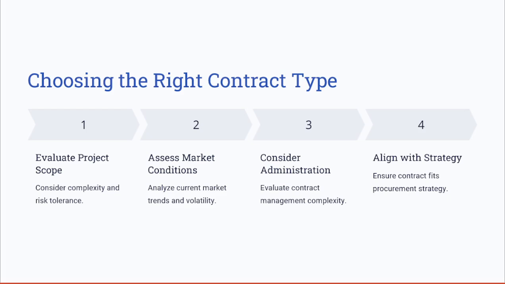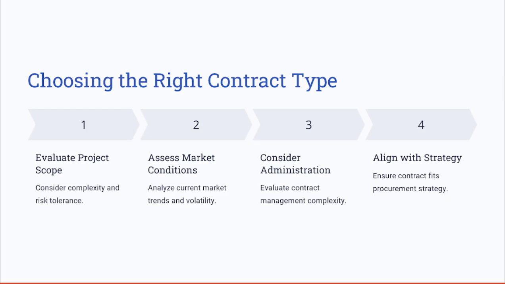Here are the key steps to understand what contracts to select. So, selecting the appropriate contract type depends on several factors, including the project complexity, the risk tolerance, the cost predictability, and administrative overhead. So fixed price contracts are suitable for well-defined projects with minimal expected changes.